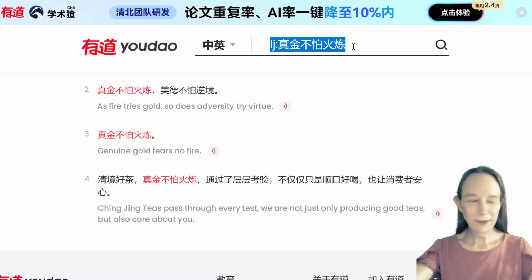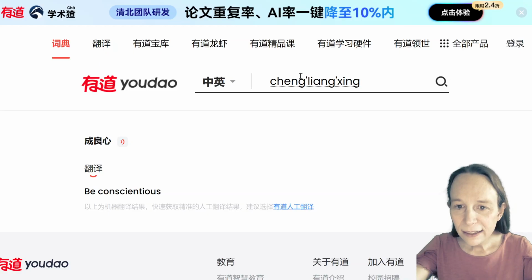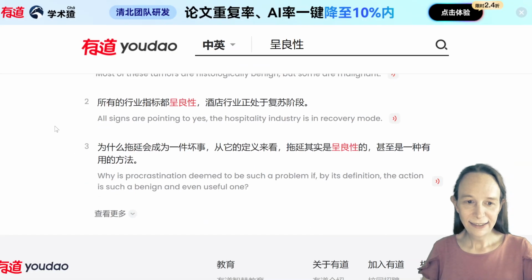So do you know this one? 成良性. Sorry, I have to look up the character.